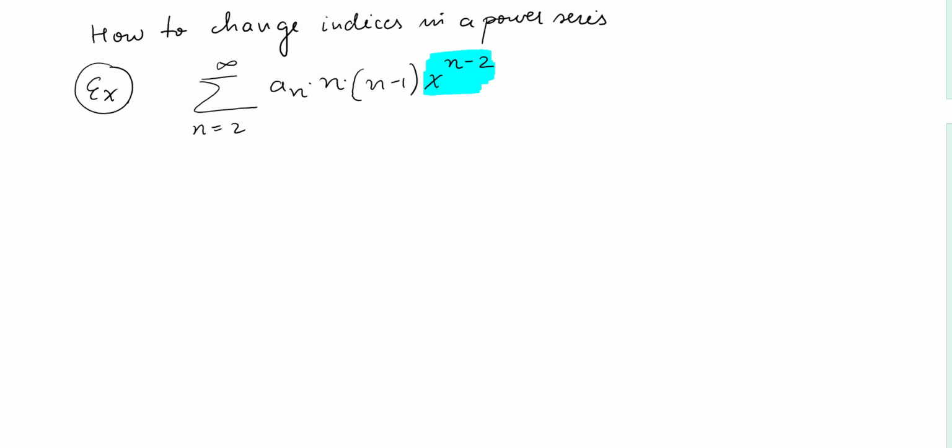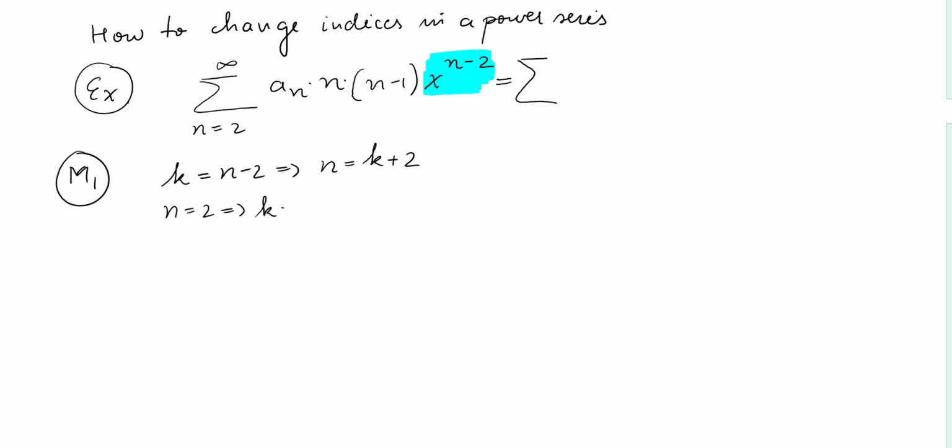So we can do this in two methods. Method 1, let's use a substitution. Let's say k equals n minus 2, which means n is going to be k plus 2. Well, this summation, we had starting at n equals 2. Well, if n equals 2, k equals 0.